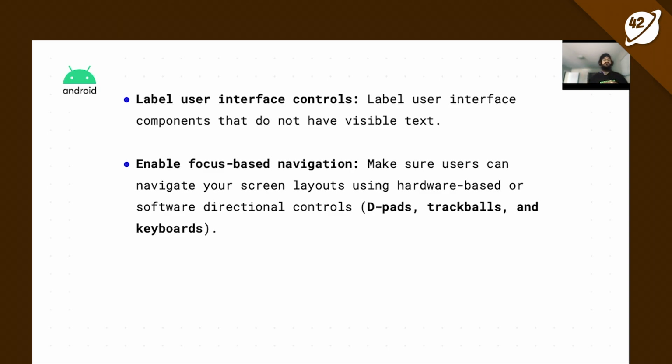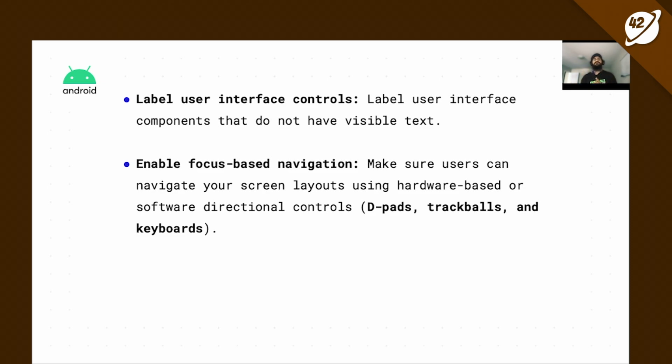By default, how an XML layout is processed by screen readers like TalkBack is in the order in which you have defined the elements in your XML. So if you have 4 elements, they will be ordered 1, 2, 3, 4, and going in the down direction it will go 1, 2, 3, 4.